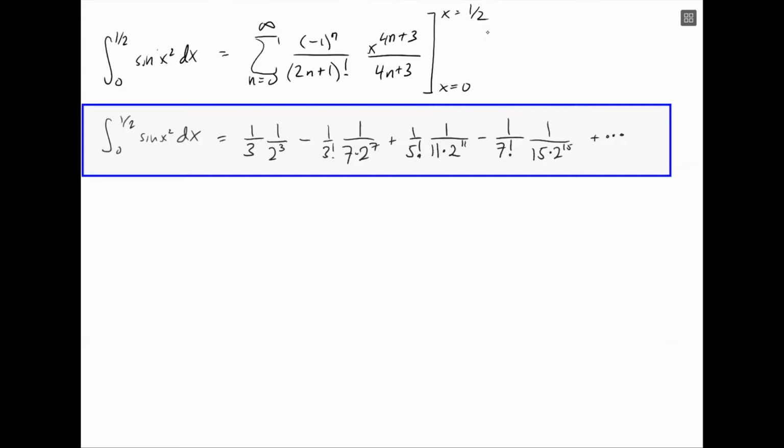So we're going to want to be able to approximate the error now. Let's recall the alternating series estimation theorem.